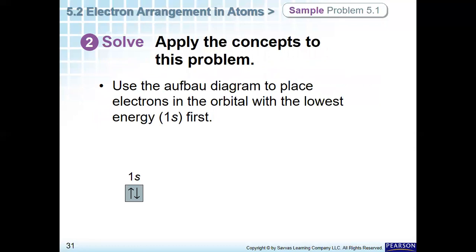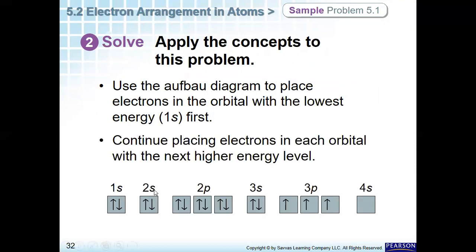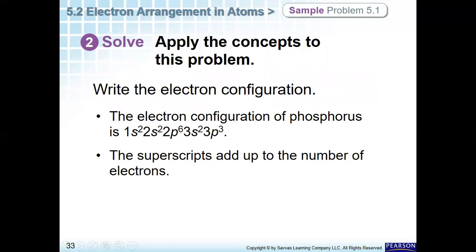So according to above, we'll start with the orbitals of lower energy, 1s2, 2s2, 2p6, 3s2, and 3p3. So the overall for them will be 15 electrons. The superscripts, when I collect them together, will be 15 electrons here.